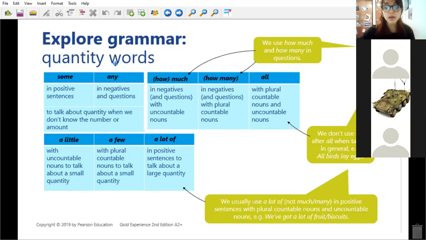Some and any are used to talk about quantity when we don't know the number or amount. We are not sure. So we use some in positive sentences. What is a positive sentence? Does it mean that it's very cheerful, or what does it mean?